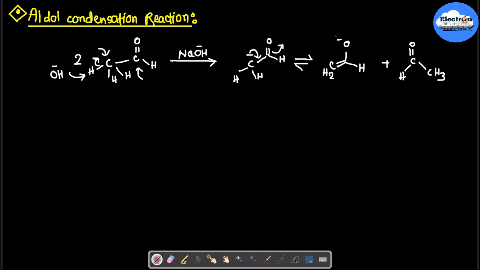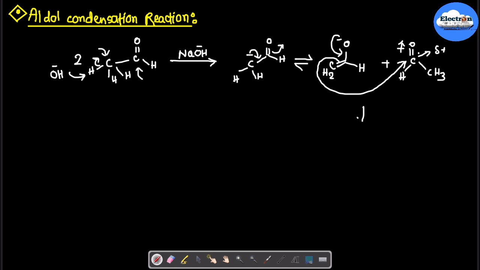Now the negative charge will attach to the carbonyl carbon atom, because the carbonyl carbon atom is delta positive in nature, as it is a polar bond attached with an oxygen atom which draws the electron density towards itself.